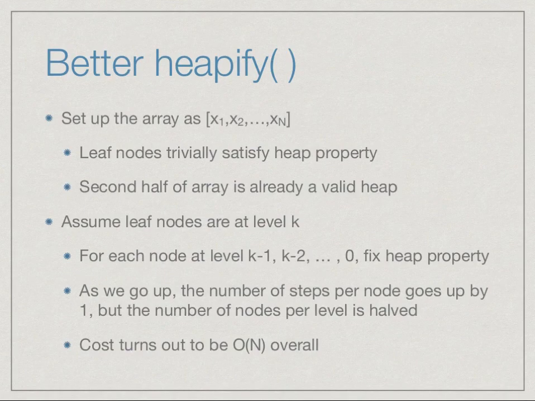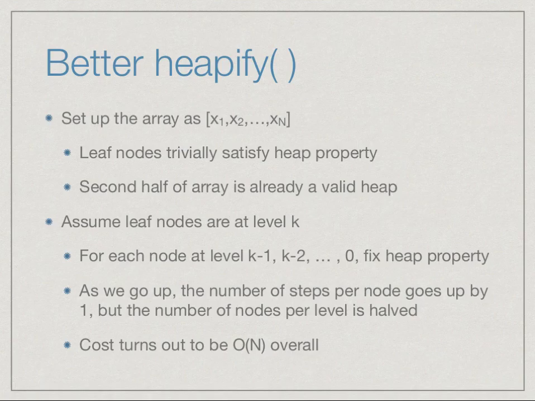There is a better way to do this heap building. If we have the array as x1 to xn, then the last half of the nodes correspond to the leaves of the tree. Now a leaf node has no properties to satisfy because it has no children. So we don't need to do anything. We can just leave the leaves as they are.